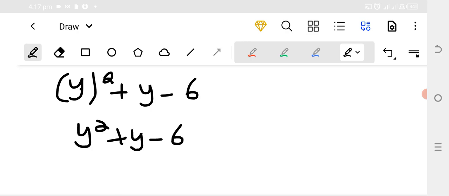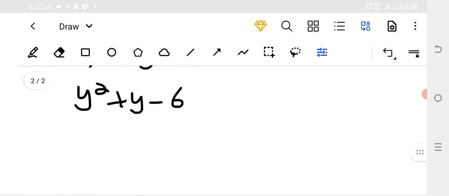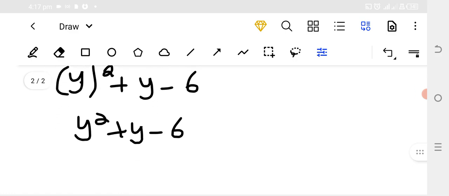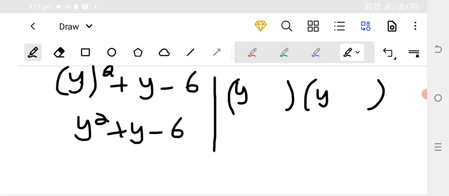And if you factor this out nicely, you get y in one bracket and y in another bracket, like that.